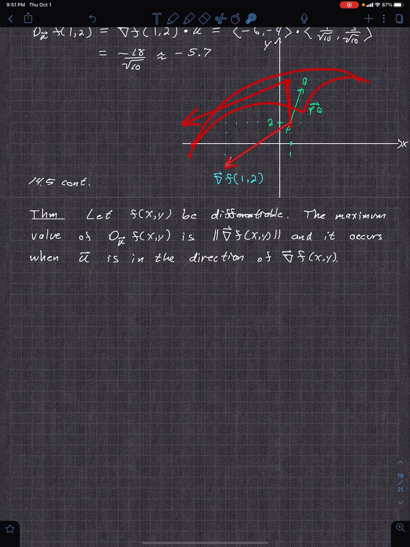But the actual gradient is a vector in the xy plane. When you look at the gradient of just f of xy, you get some vector down here. But what does it tell us? This theorem next tells us what that is.